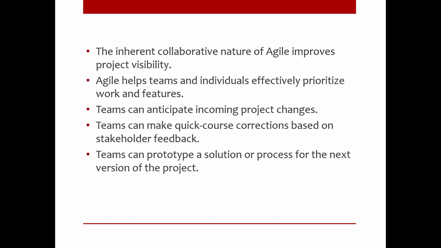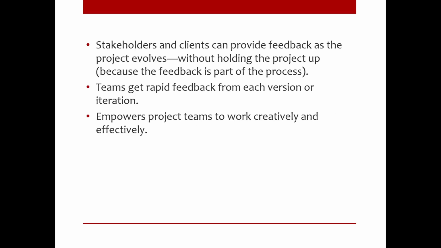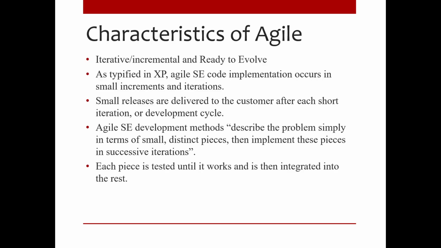Agile also gives us better feedback from the stakeholders and makes sure that the end product is really good and people use it and like it. Most importantly, stakeholders and clients can provide feedback as and when the project evolves. The team gets rapid feedback for each version and it becomes better to iterate it in the next process. That is why agile is iterative as well as incremental.